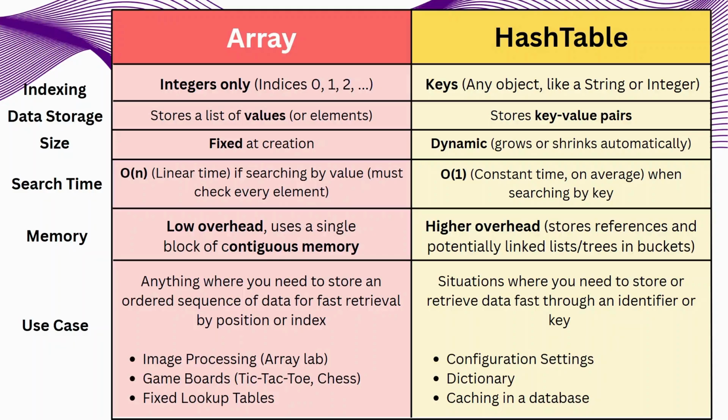This is great for things like game boards, where position is everything. And just like with our image processing lab earlier this semester, that's what arrays are good for. A hash table, because it's dynamic, is perfect for key value storage, things like a dictionary or storing configuration settings, where you need to look up an item by its identifier key.